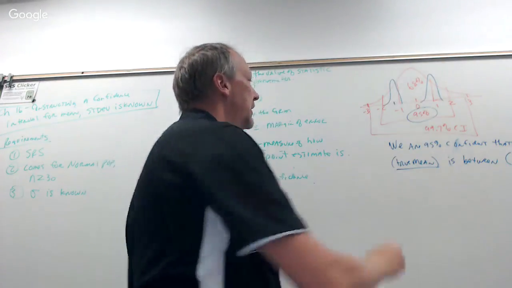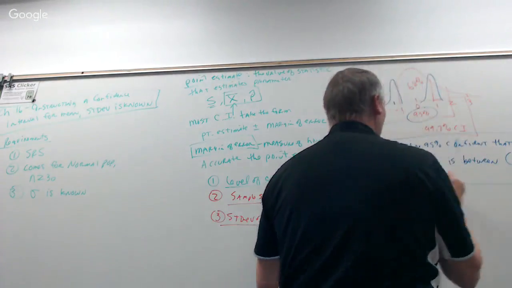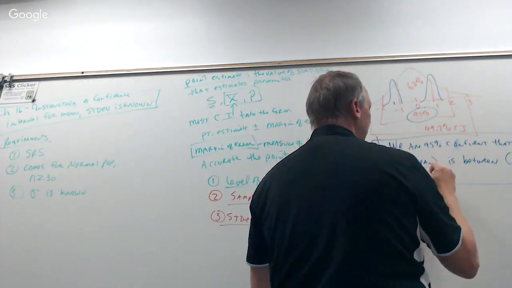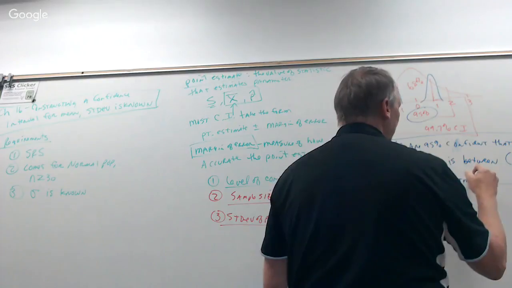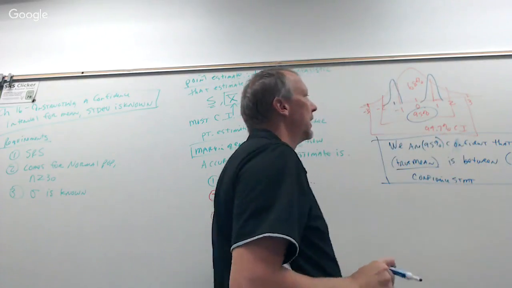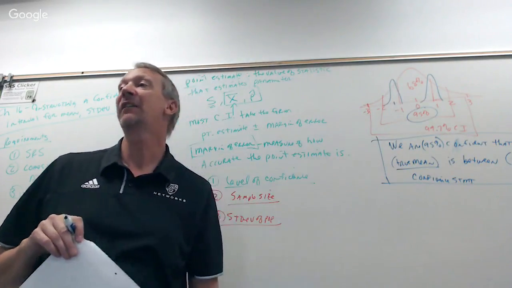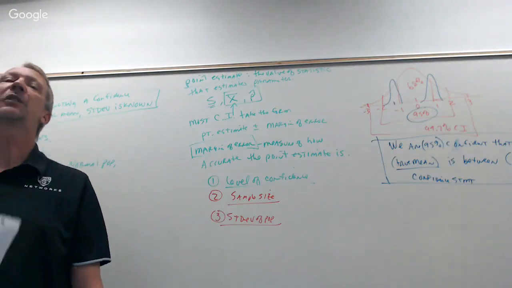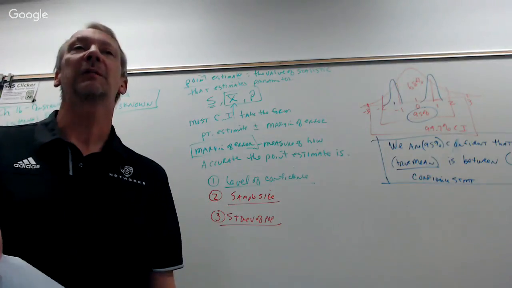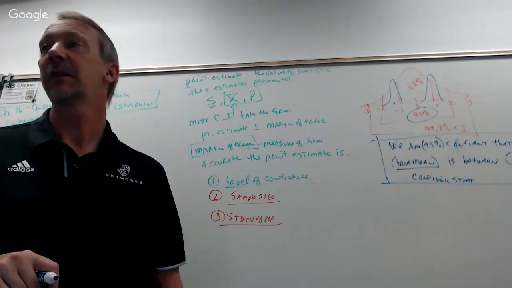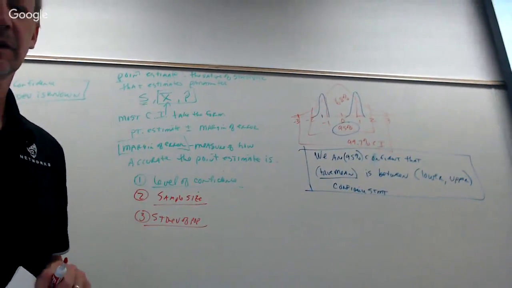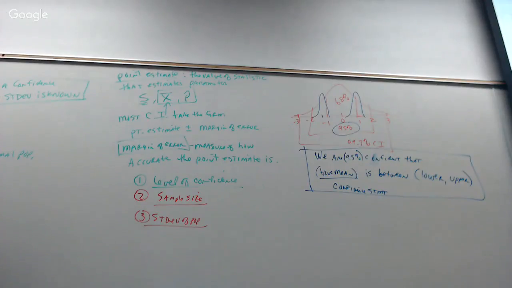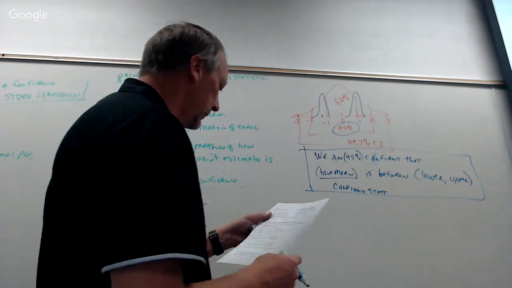Okay? So this is what's known as a confidence statement. Typically 95 is the most often used, but you could be 90%, and I'll even show you how to be 80% confident. We'll talk about that in a minute, okay? So that's what we would call a confidence statement.